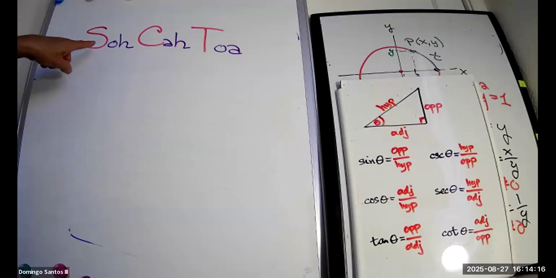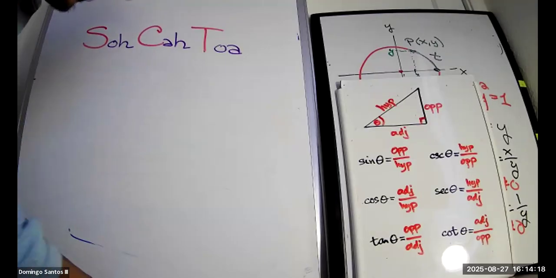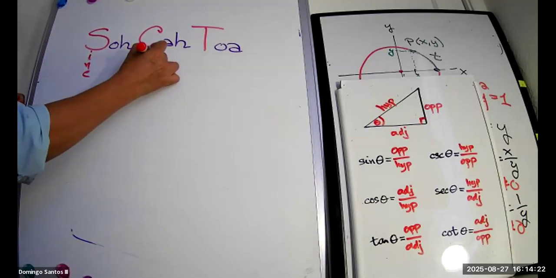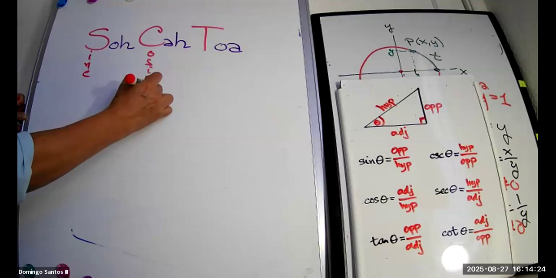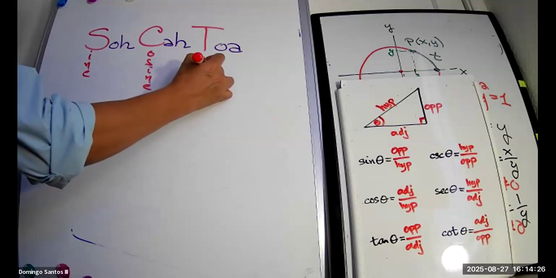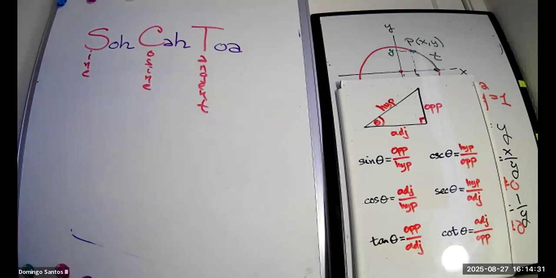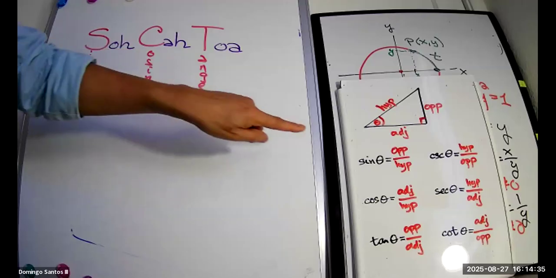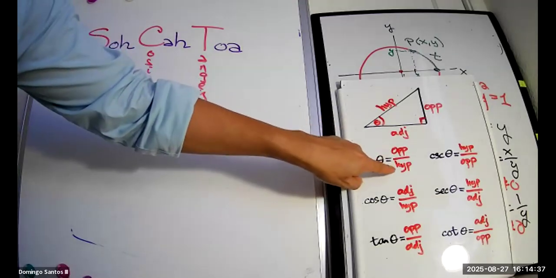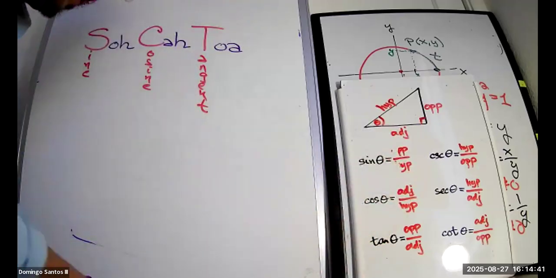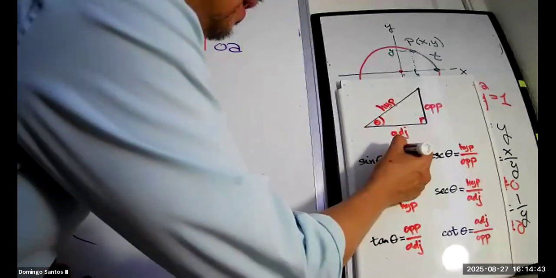That means S is sine, C is cosine, and T is tangent. Let me change the colors so you will see what I mean.